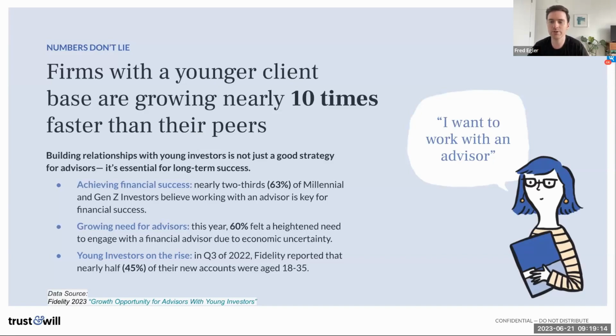So the more you can connect with this generation, the more you can connect with clients and the kids of your clients through things like estate planning, which are pretty complex, the better off you'll be to potentially have that wealth transfer stay in house essentially.